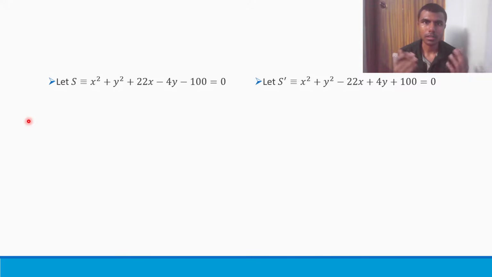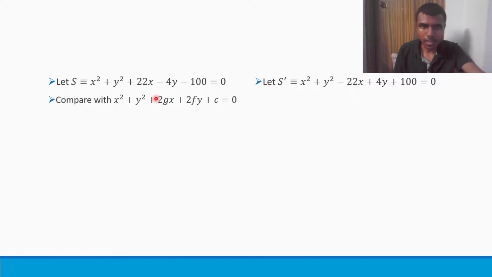How to find the center and radius? Compare with the standard form x square plus y square plus 2gx plus 2fy plus c equal to 0. Beside x I have 2g, which is 22, beside y I have 2f, which is minus 4, and c is minus 100.